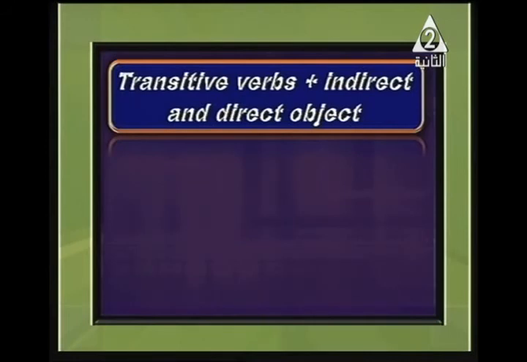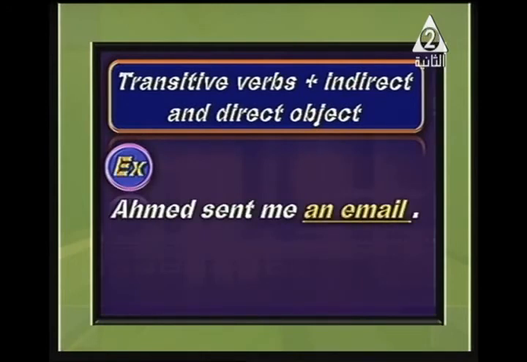we have transitive verbs plus indirect object, with another example. Ahmed sent me an email. Let me ask you a question. Where is the direct object? Yes, excellent. The direct object is the email. Where is the indirect object?